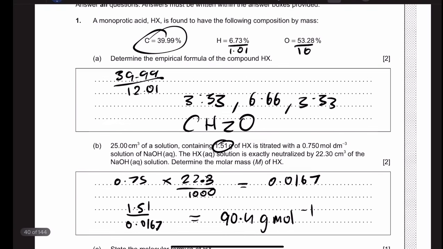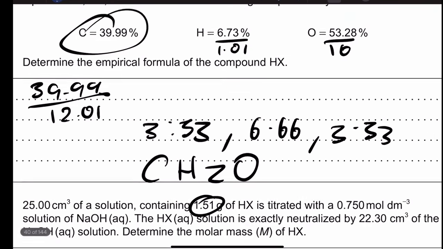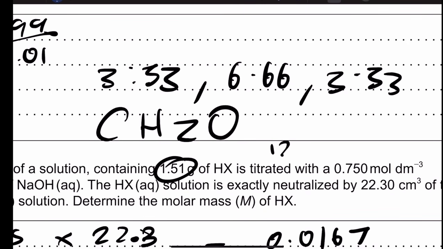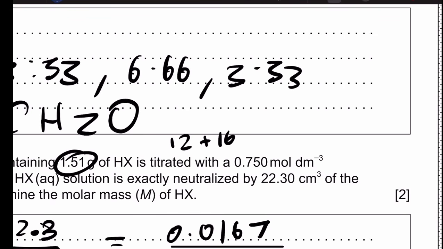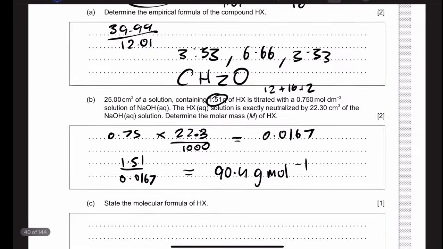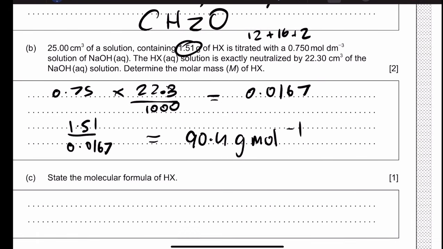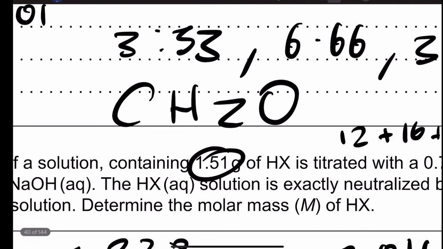Molecular formula of HX. For molecular formula, we're just looking at what we get when we add all the mass numbers for our empirical formula. Let's do that first. So we'll just do it roughly. It's like 12 plus 16 plus 2, so that's 18 plus 2, 30, and since it's roughly 30 for our empirical formula, and we know that our molar mass is 90, we know the molecular formula is going to be 3 times whatever the subscript numbers are.